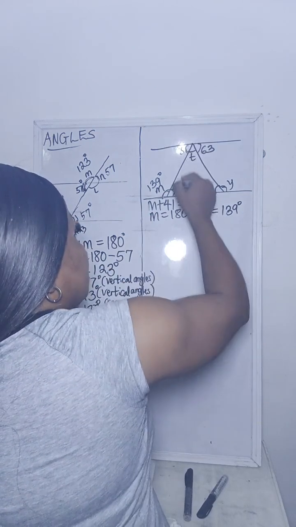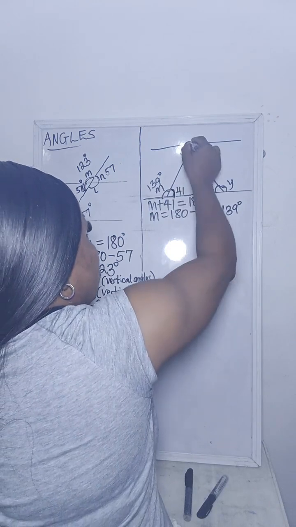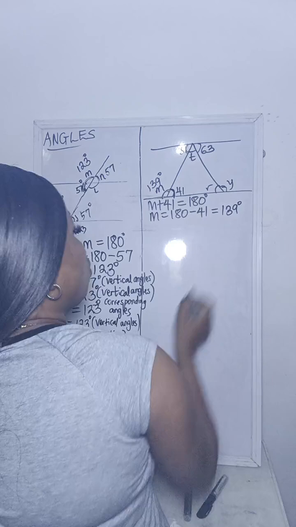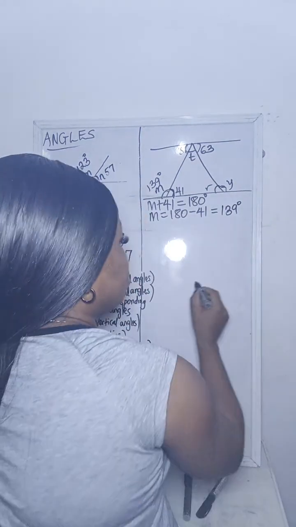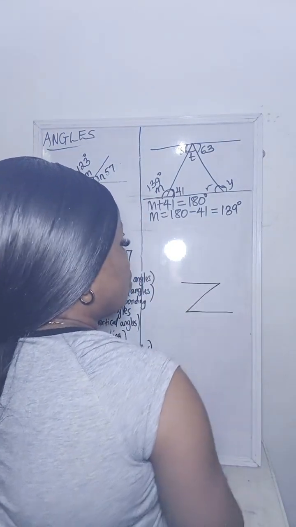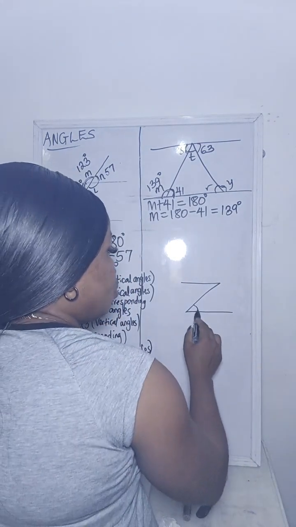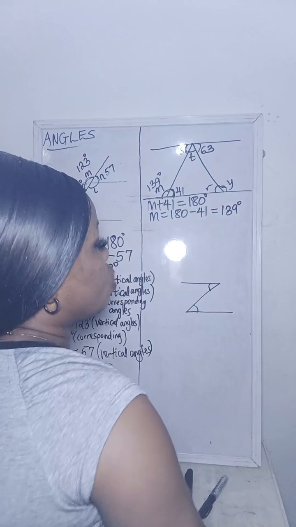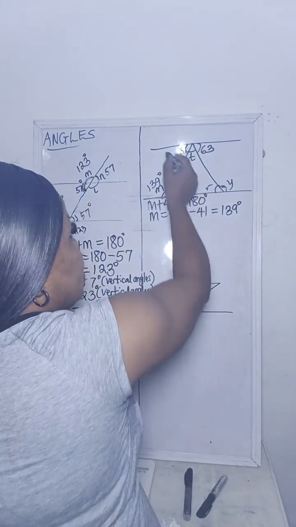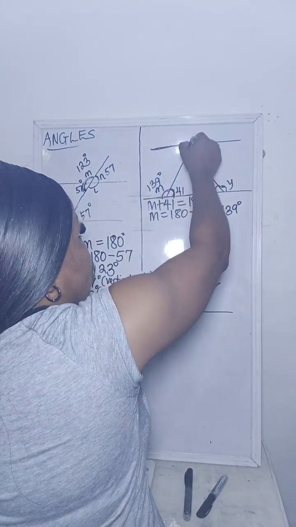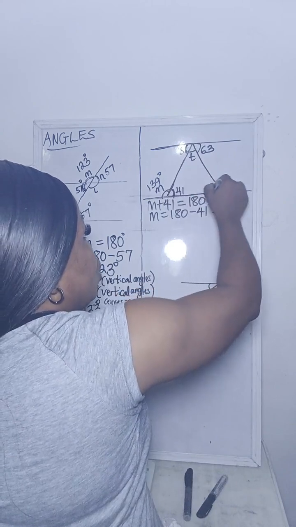Now, the angle 41 and angle S, they are what we call alternate angles. Another way you can figure them out is that we call them the Z angles. This angle is always equal to this angle, and you would notice that this gives you the Z shape.